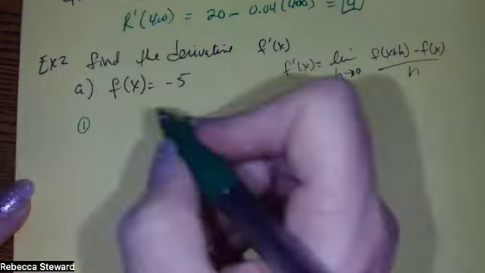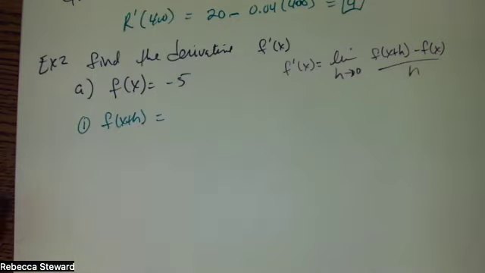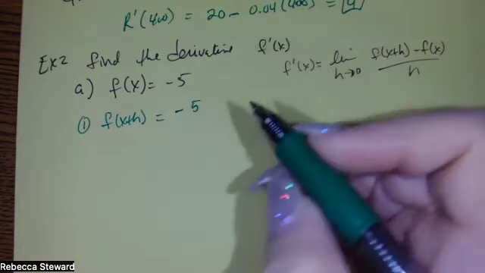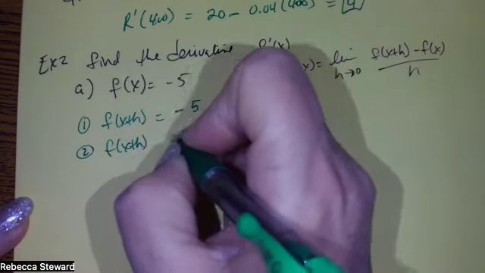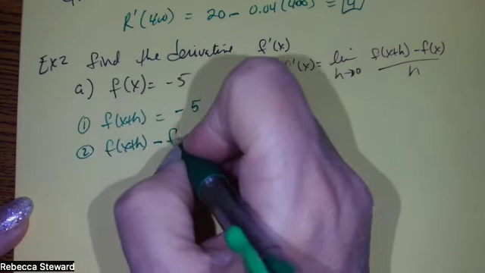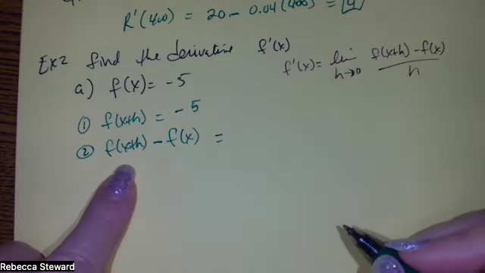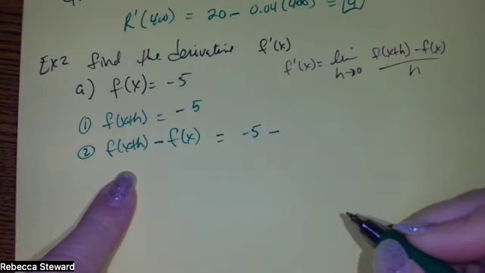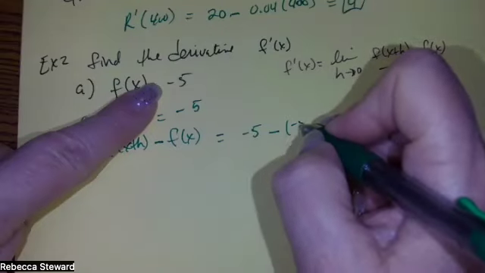So step 1, we're going to find our f of x plus h. There's no x there, so it's just going to be -5. Step 2, we have f of x plus h minus f of x. Our f of x plus h is -5, and then we subtract our original function, which is -5.